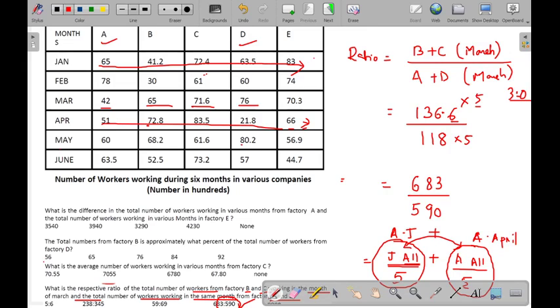We have to divide it by 5 because the number of companies is 5. We will get the average. Then we will add the number of workers in the month of April. We have to divide it by 5 to get the average. Then we have to add them.